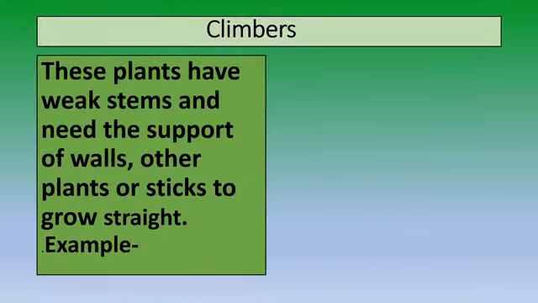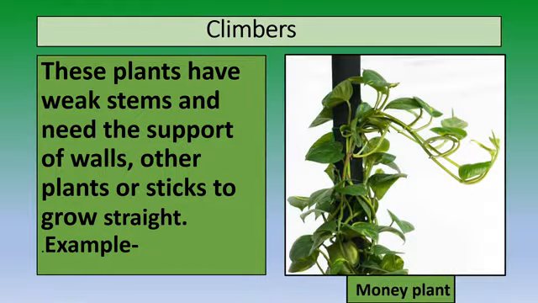These plants have weak stems and need the support of walls, other plants, or sticks to grow straight. For example, money plant. Now look at this picture carefully. You will see that the money plant has a weak stem and is taking the support of a stick to grow straight.